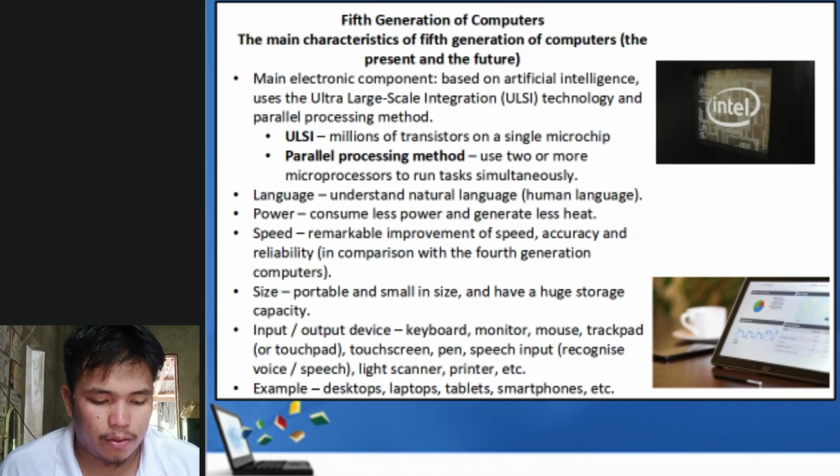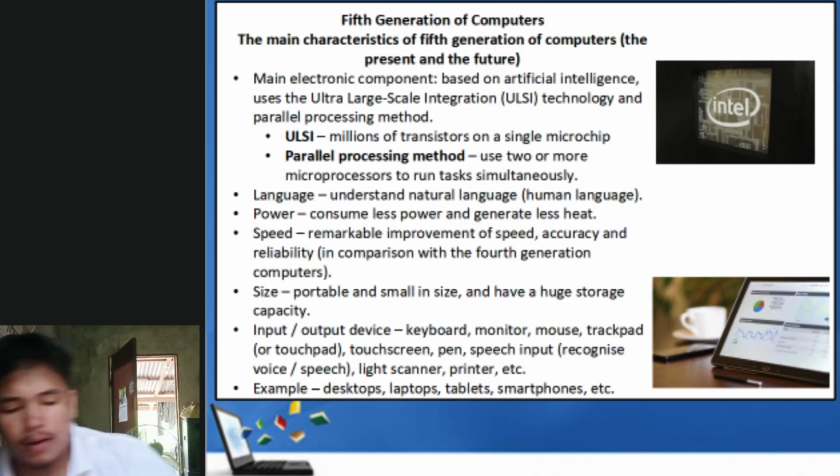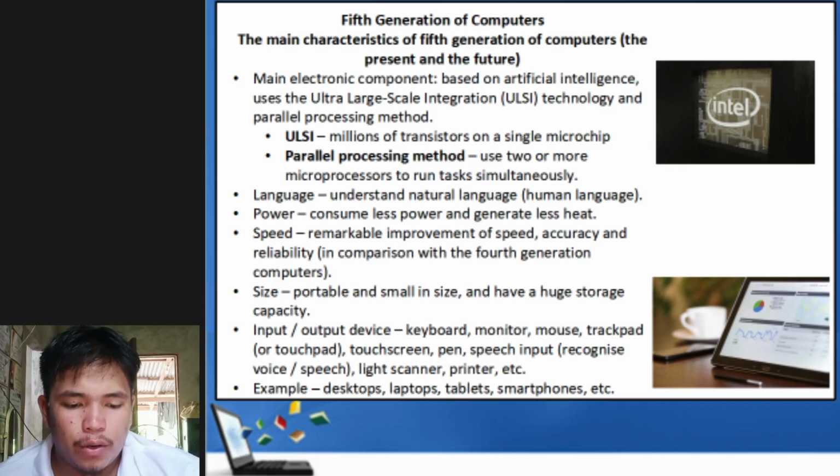The main electronic component is artificial intelligence, using ultra large scale integration, ULSI, technology and parallel processing. ULSI has millions of transistors on a single microchip.